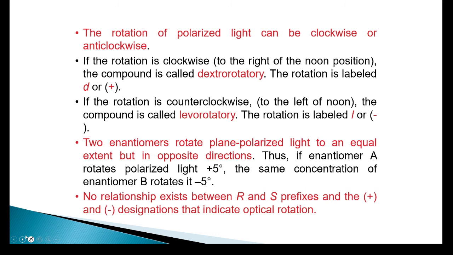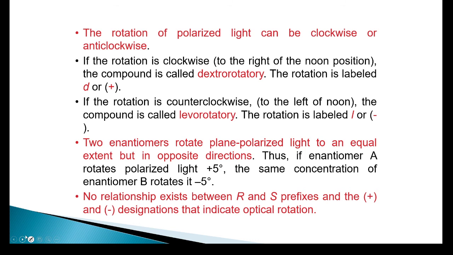Okay, I have enantiomers of one another. If I put the enantiomer R in, it'll rotate the light a certain number of degrees in one direction. If I put S in, it'll do it the same number of degrees in the opposite direction.